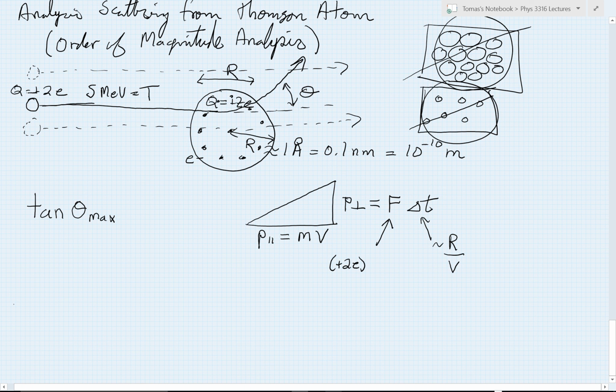And in fact, I'm trying to make an estimate of the maximum angle of deflection, so we may as well use the maximum possible Coulomb force we can imagine. So let's just ignore these electrons, which might tend to cancel some of that force, and focus on the force from this charged sphere.